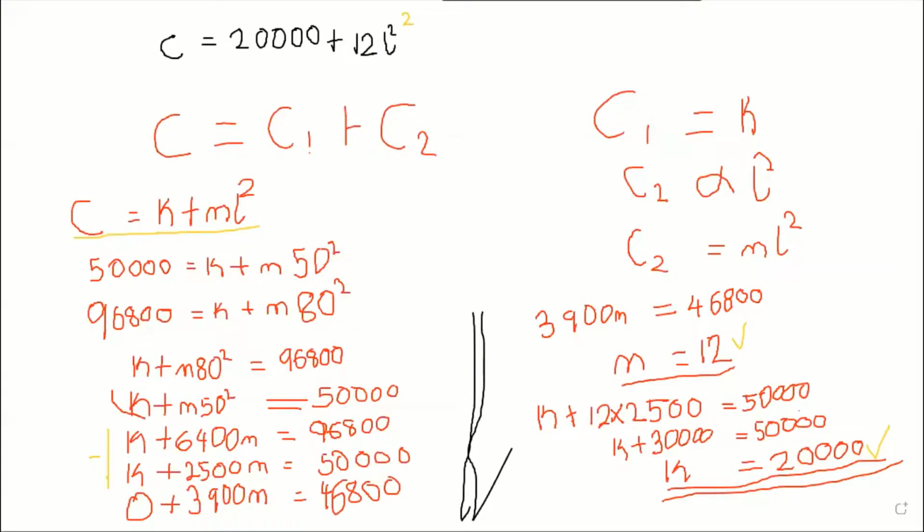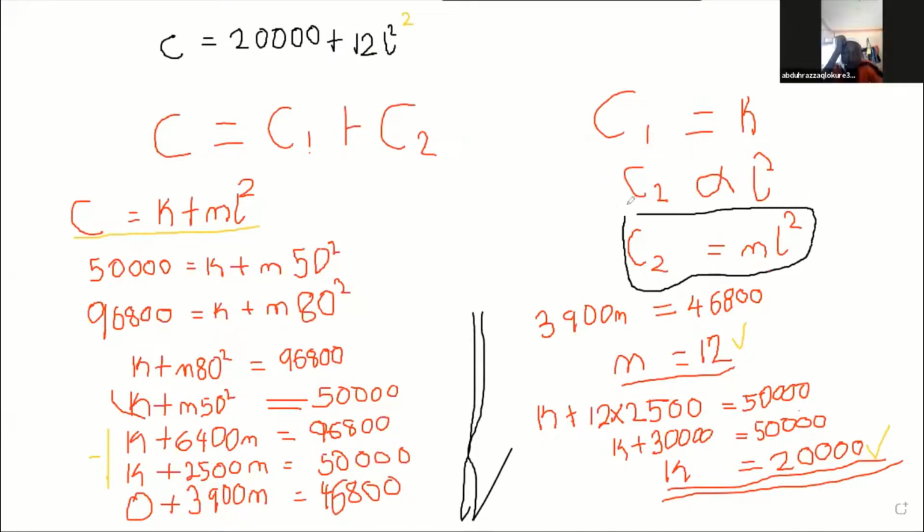First I said, in the question they said partly, meaning C has two parts, C1 and C2. Now we see that partly constant is C1, so C1 is equal to K since it's constant. And C2 varies as the square of L, meaning C2 is equal to ML squared.